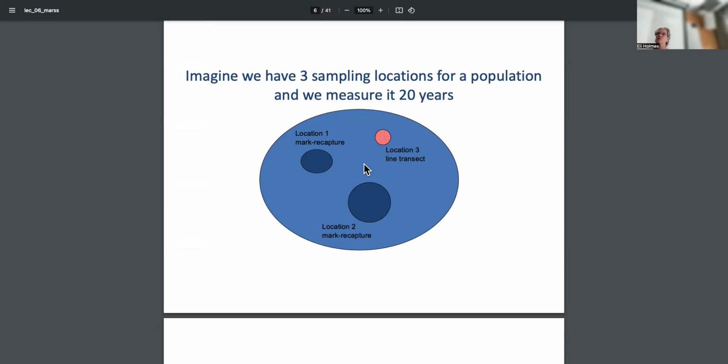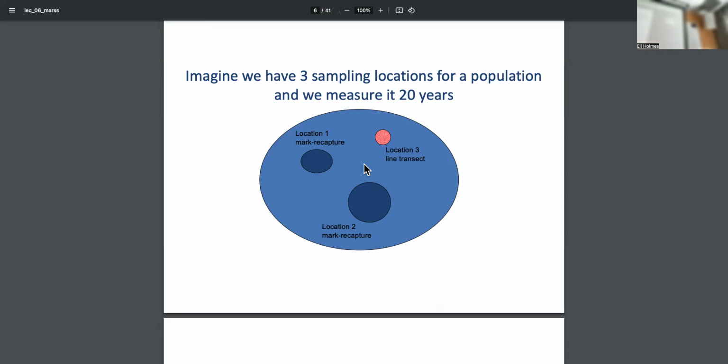So I don't think of these locations as separate populations. This is one area where the critters are moving around. I'm just taking samples, or doing estimates of population size, in different areas.